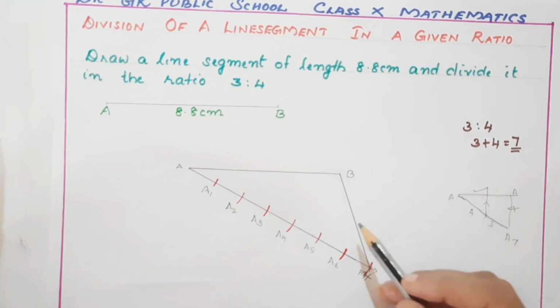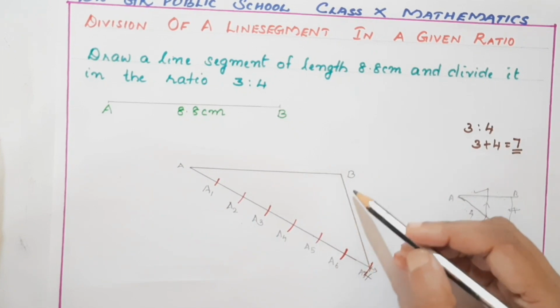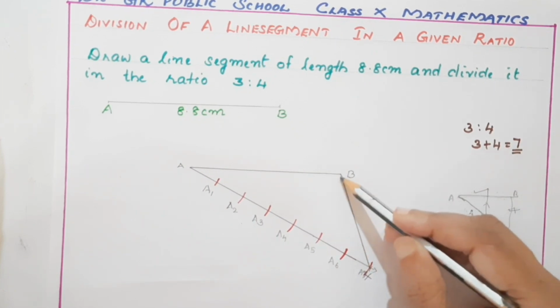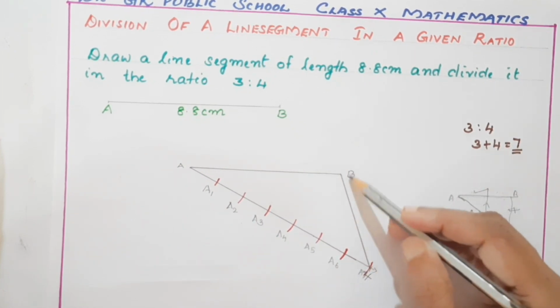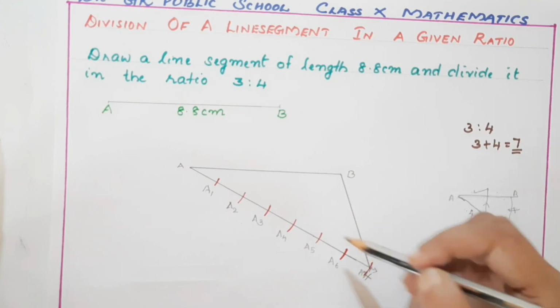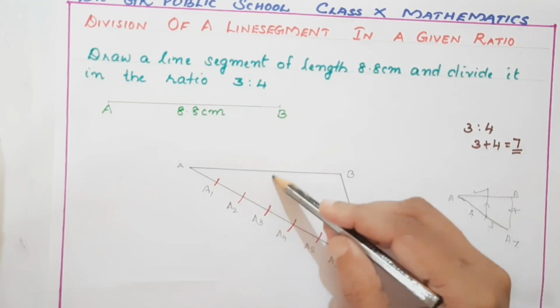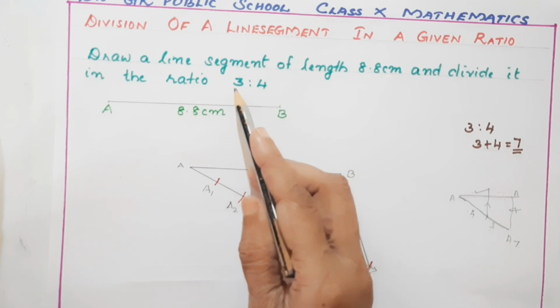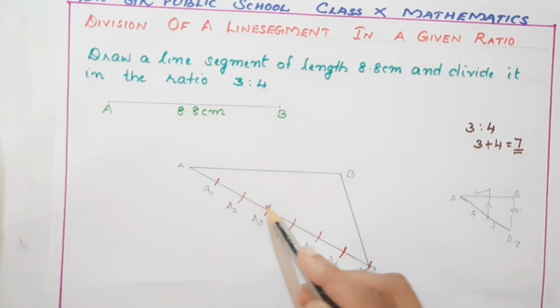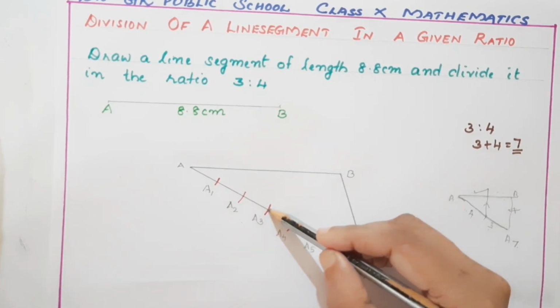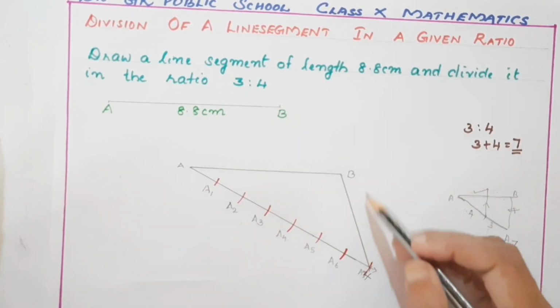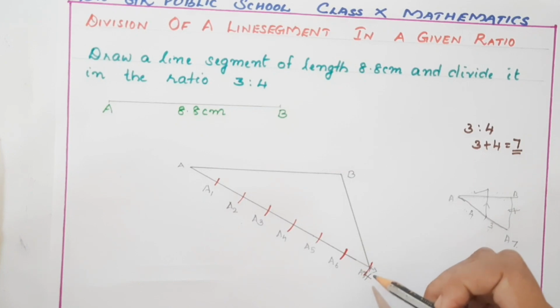So now we are going to construct a line parallel to this side BA7 at A3, because first point our ratio first number is 3. So at 3 we have to construct the line parallel to BA7.